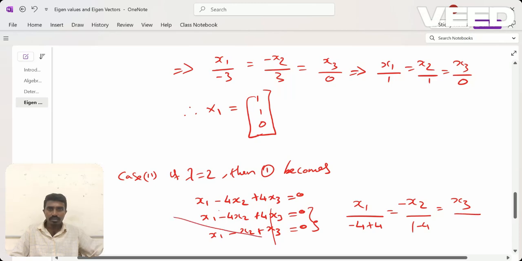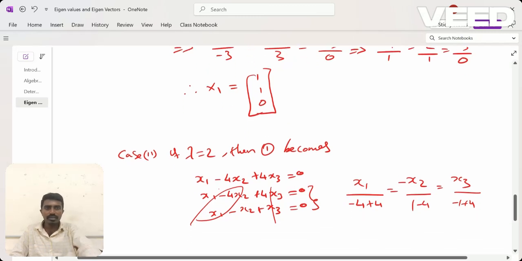So this is cross multiplication, right? Multiply the coefficients only. So 1 into minus 1, so minus 1, and then multiply these two coefficients. So 1 into minus 4, already one minus, so plus 4.